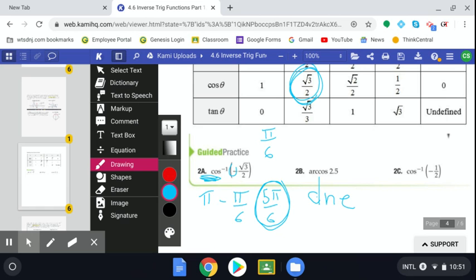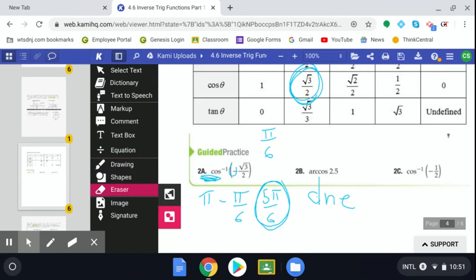And then for 2c, they are saying which angle has a value for cosine that is -1/2, and remember, the domain has to be between -1 and 1 for inverse cosine functions, and the range is going to be 0 to pi. So now we need to take a look at 1/2, and we're looking at cosine. So I can see it over here.